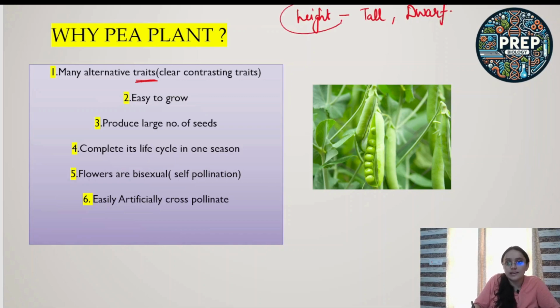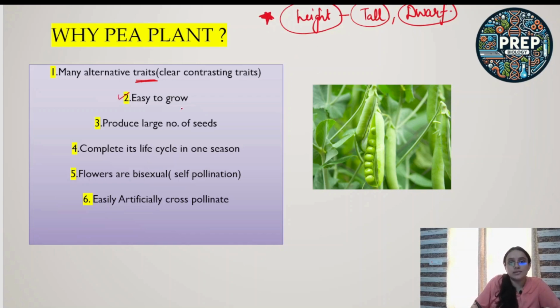So height is a character and the traits are tall and dwarf. In the pea plant he found many alternative, contrasting traits, which are important for his experiment.